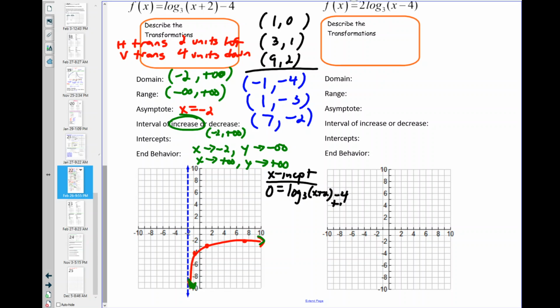So we have to get the log by itself. We add 4 to both sides. So 4 equals log base 3 of x plus 2. And then, how do we get rid of the log? Switch to exponential, but now 3 to the 4th power, is that 81? 81 is equal to x plus 2, so we were correct. It's going to be a big number. This is crossing the x-axis at 79, 0.